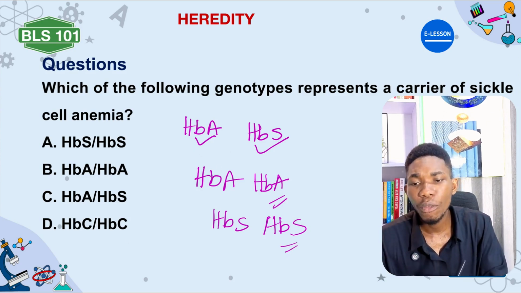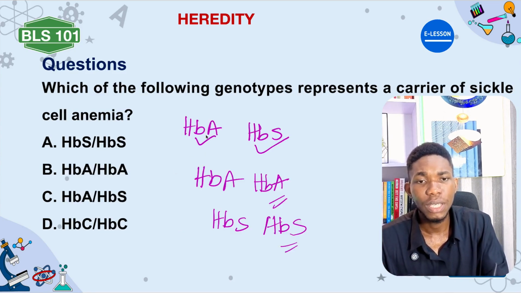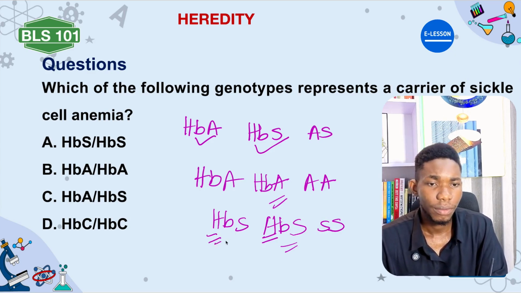The full way of writing this AS, SS, and so on is HbA, HbS, telling you that it affects the hemoglobin. So HbA, HbS is seen as AS. HbA, HbA is seen as AA. HbS, HbS is seen as SS. What this is telling you is that it is affecting the hemoglobin.